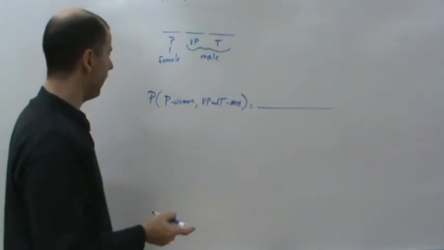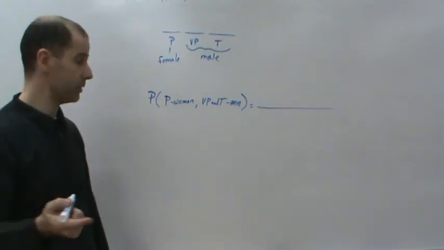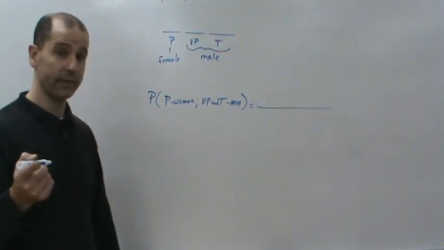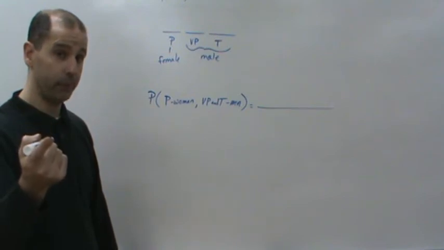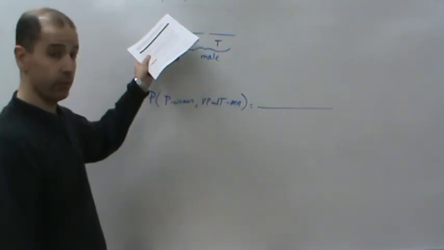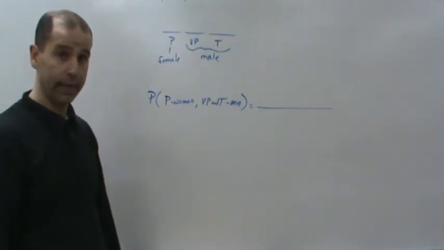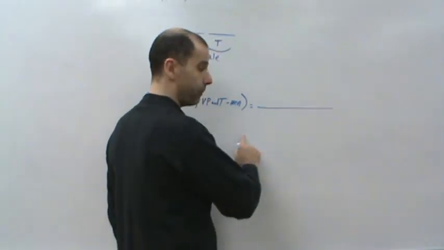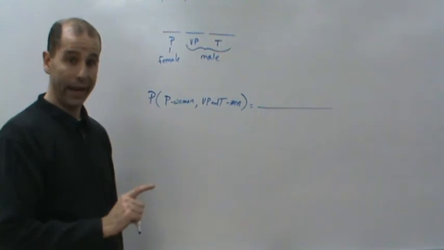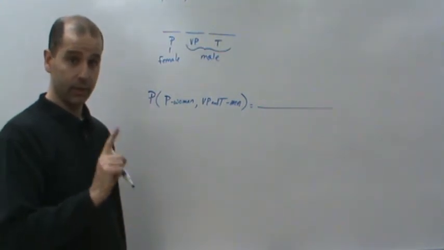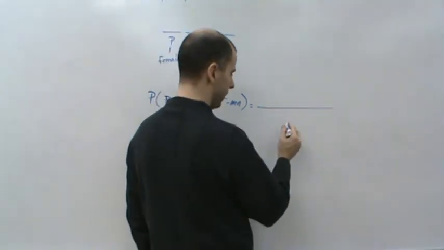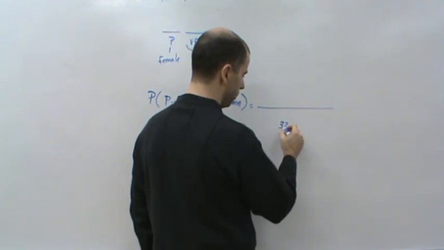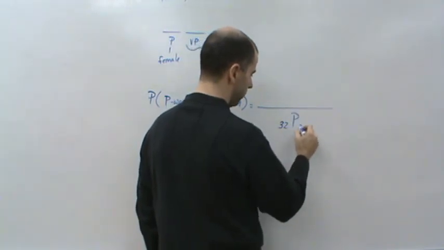So now, to find out all the different possible outcomes, I need to find out how many different ways can I choose what? 3 people out of 32, and order matters. So that means the total number of possible ways is going to be on the bottom, and that's going to be what? 32P3.